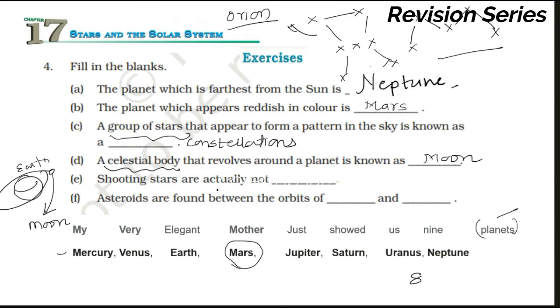Shooting stars are actually not stars. They look like stars. And why do they look like stars? Because once they enter the atmosphere, if this is the atmosphere, starting from here, and these are small rocks, they are not actually used to get into a planet. They are like debris in the sky.